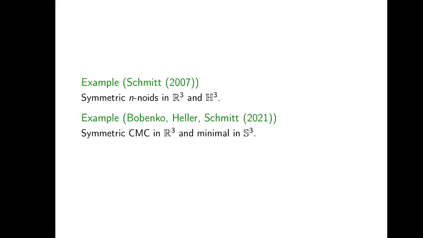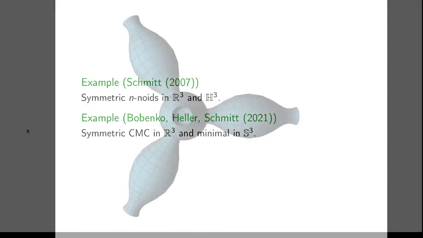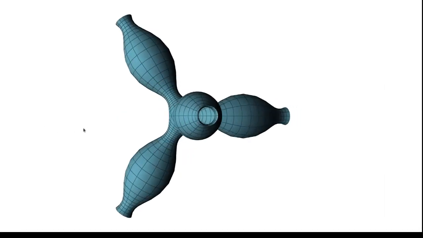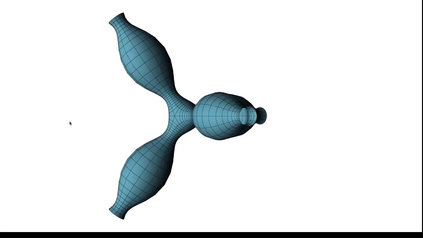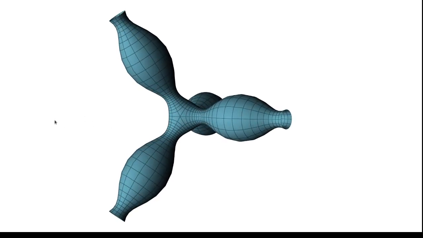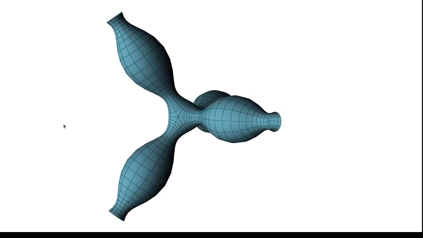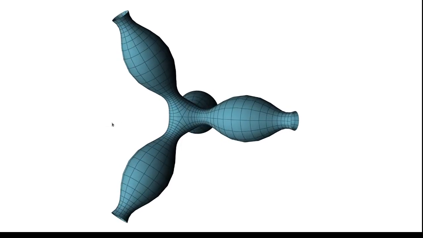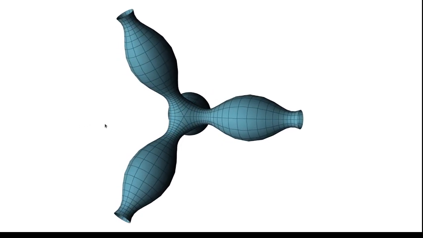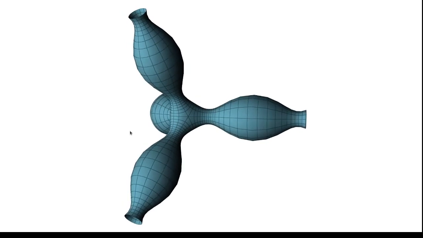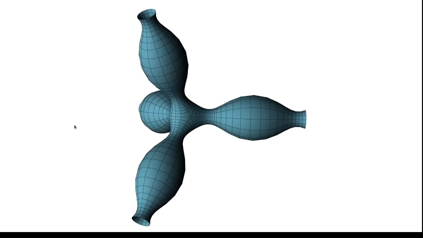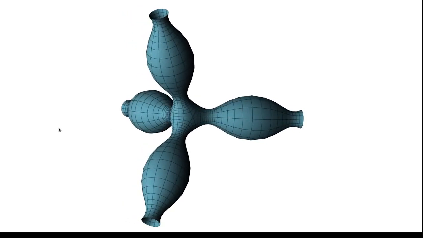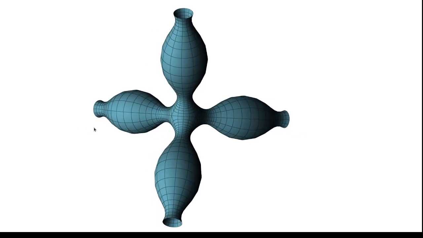Let me show you, for example, a tetranoid in R3 made by Nick Schmidt. Again, this is made with the DPW method. This is a constant mean curvature surface in R3, and it is a well-defined immersion from the Riemann sphere minus 4 points to R3. One has to solve a monodromy problem using the symmetries in order to make this surface close.